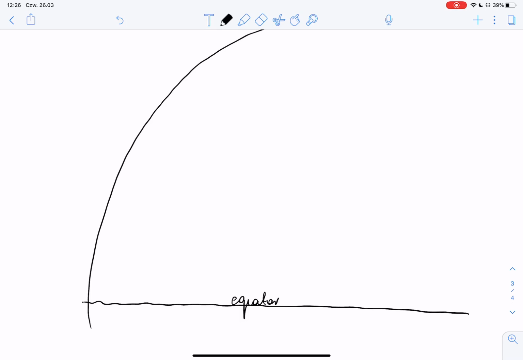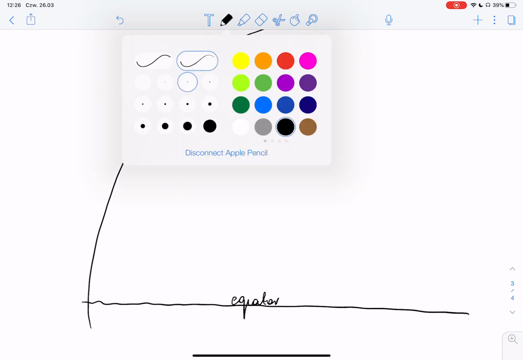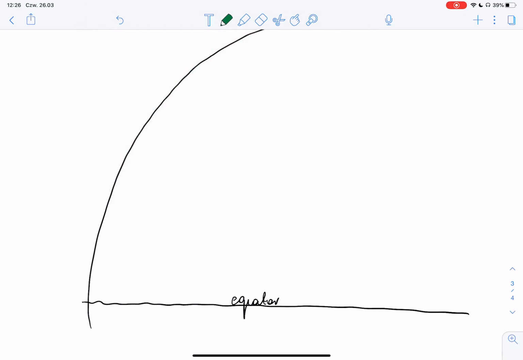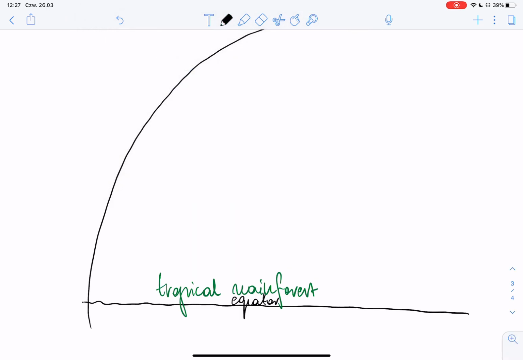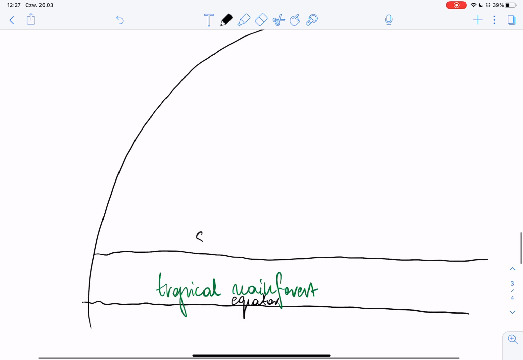And guys, just around the equator, we will have, of course, the tropical rainforest. A little bit more north in this case, we will have another stripe of landscape, which are savannas. And savannas are basically like meadows with mostly grasses, some single trees.